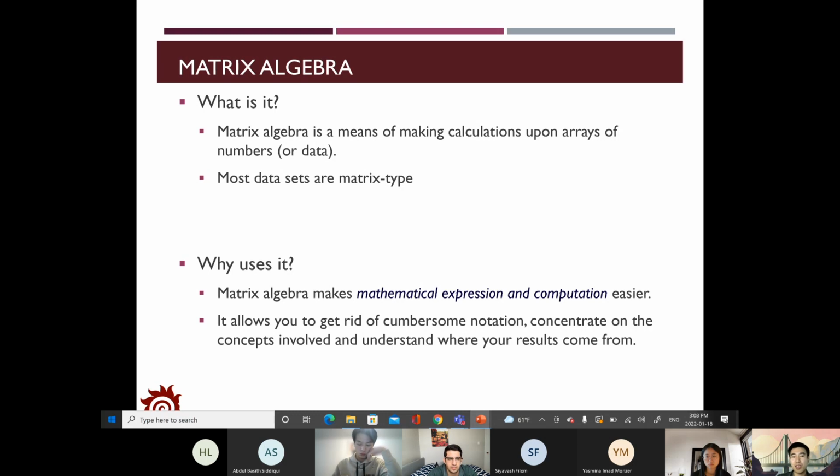Instead, just write a matrix capital A. And for those variables, the matrix will have similar meanings. Each cell will represent one individual or one component from the set of variables.